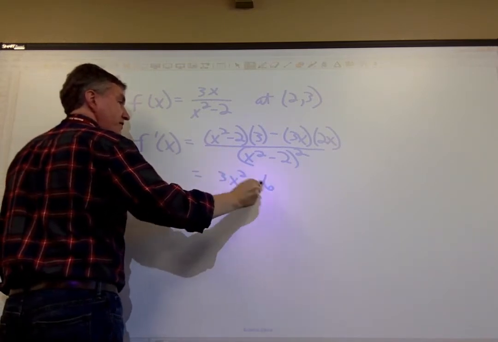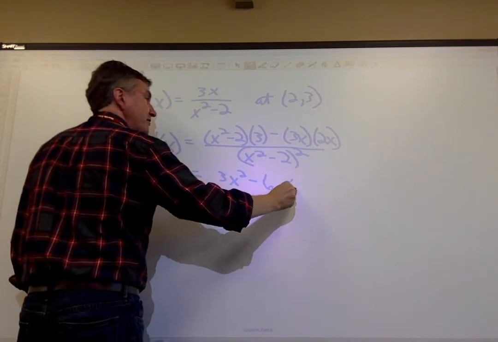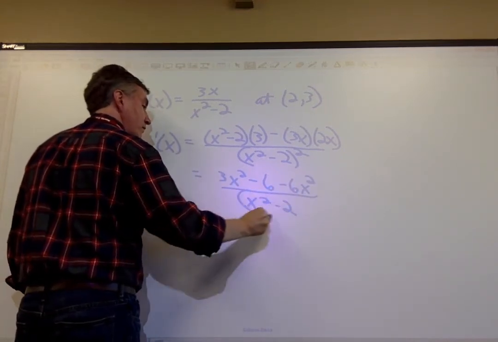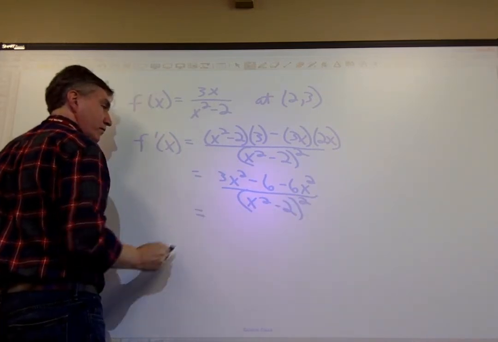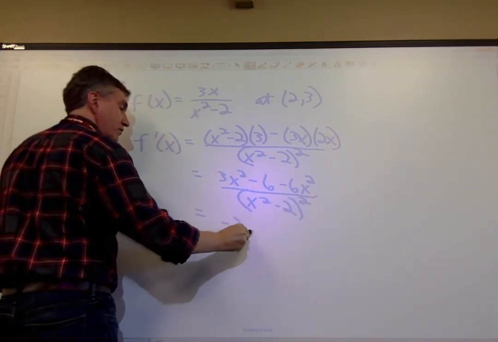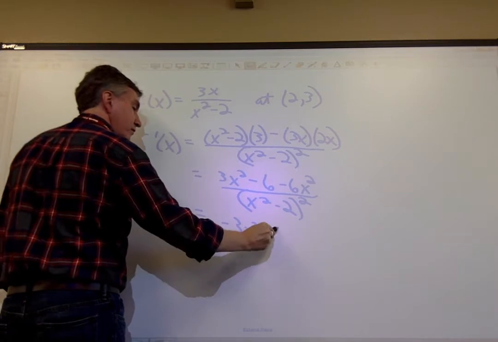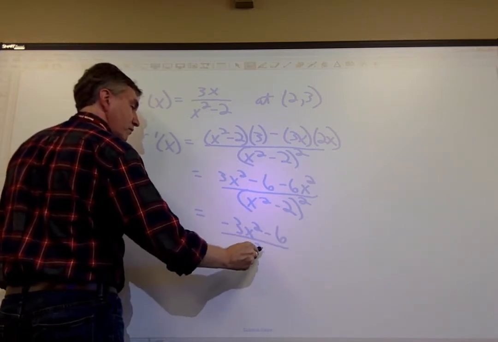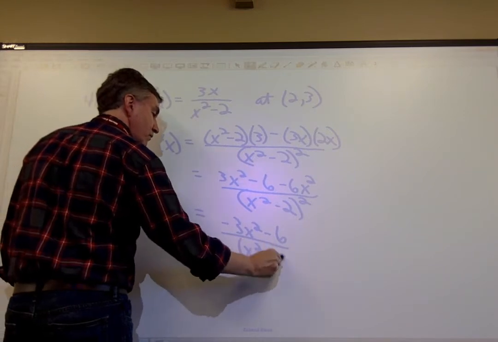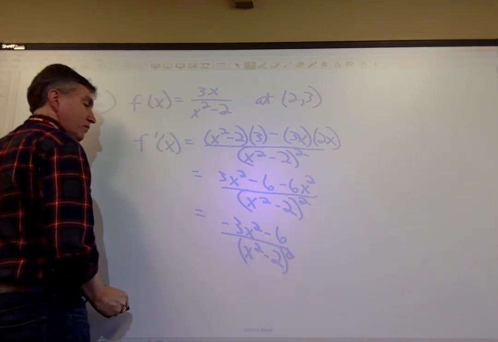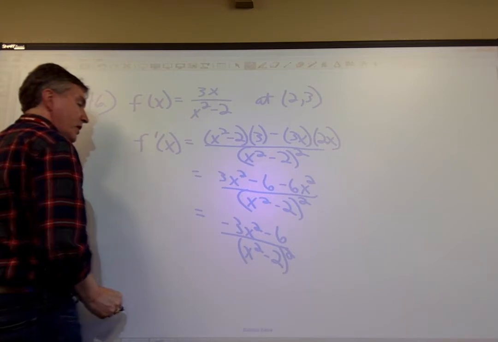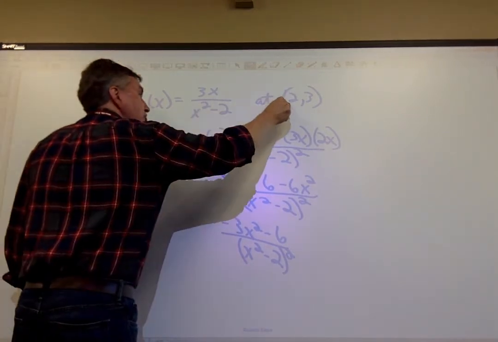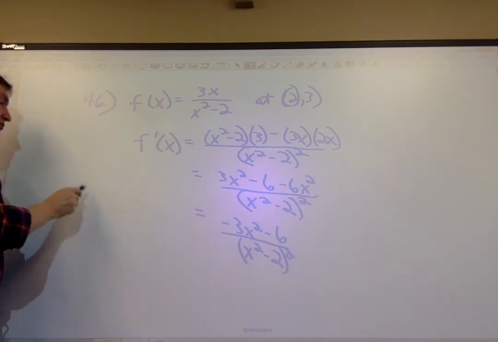3x squared minus 6 minus 6x squared. Bless you. When x is 2, what is this derivative going to be?